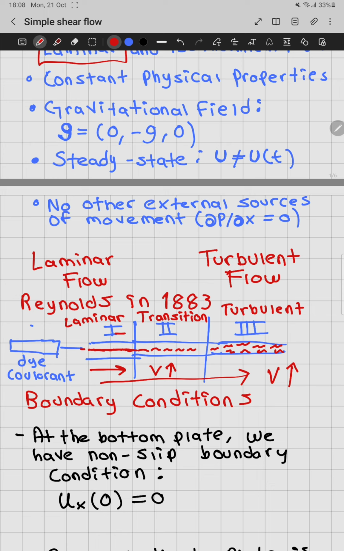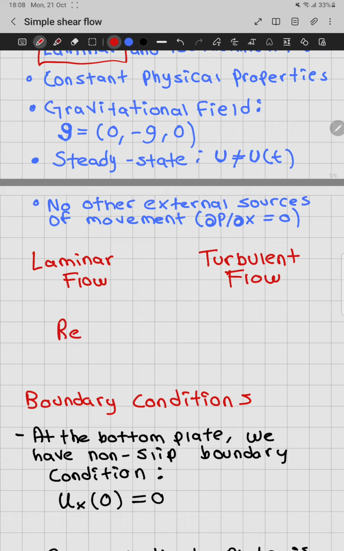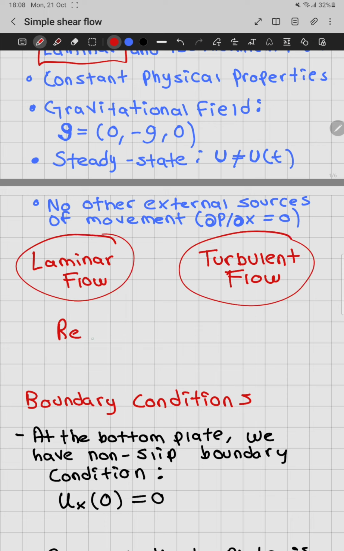He also proposed one of the most important dimensionless numbers used in physics and in fluid mechanics. In order to determine whether we are in laminar or turbulent flow, he proposed this dimensionless number, which is the ratio between these properties of the system.